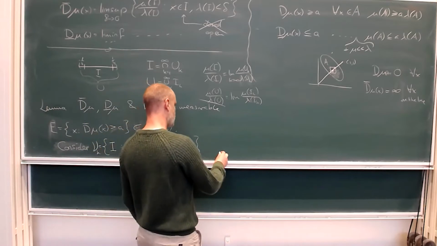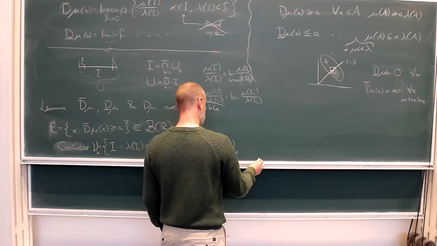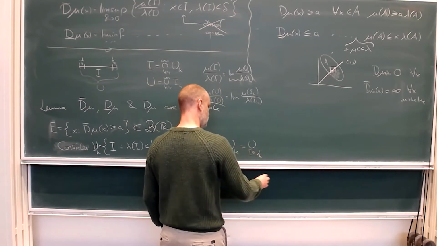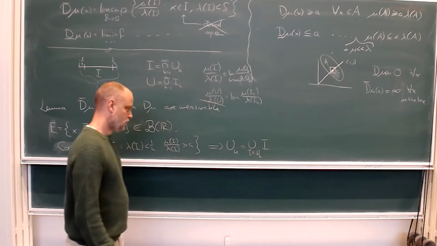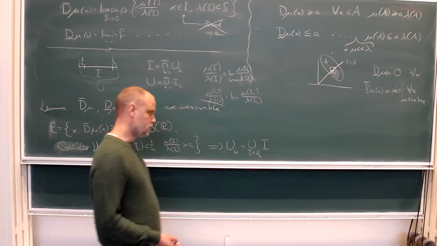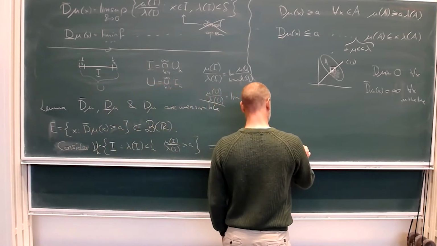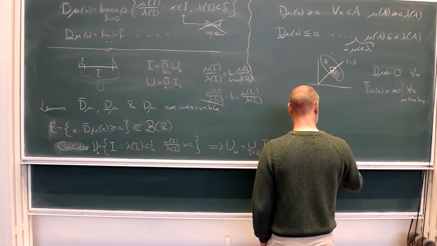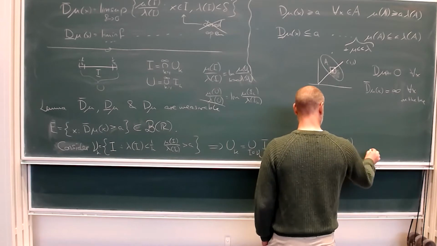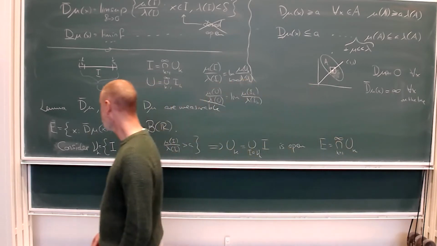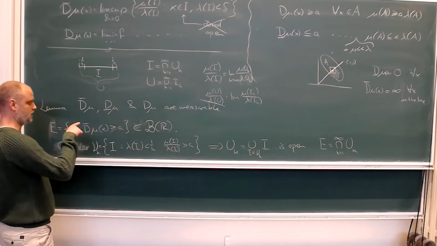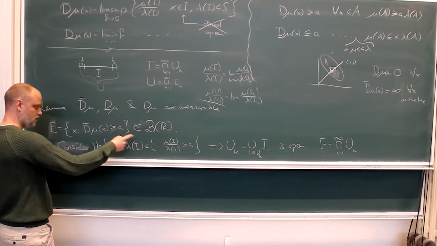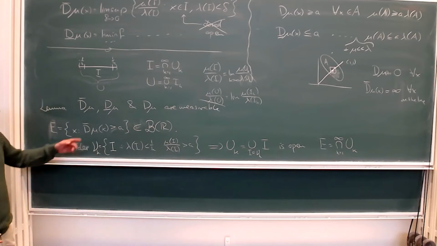So anyway, from this I form the set U_k, which is the union of all intervals in my V_k. Now this is also open. And it's easy to see that the set E I'm interested in is the infinite intersection of the sets U_k. Because if x is in E, then no matter what k is, I can always find an interval that covers my x.